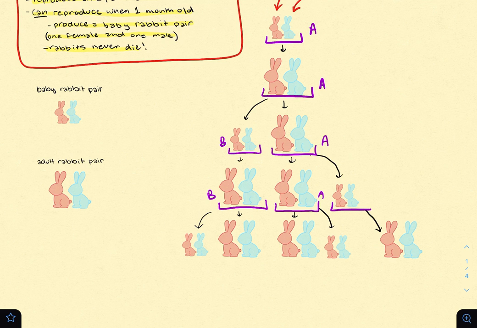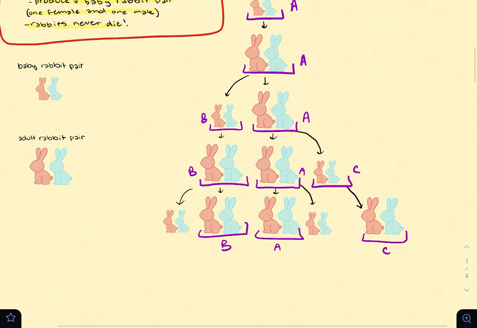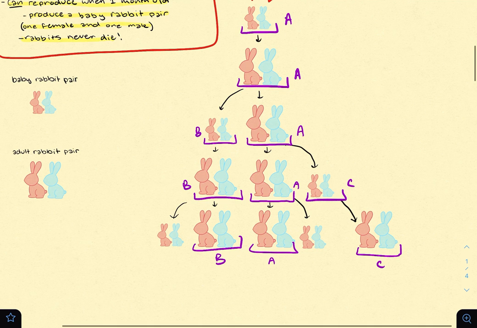Meanwhile, A reproduces C. Here, C grows up. A reproduces, and now there's D, and then B produces E.